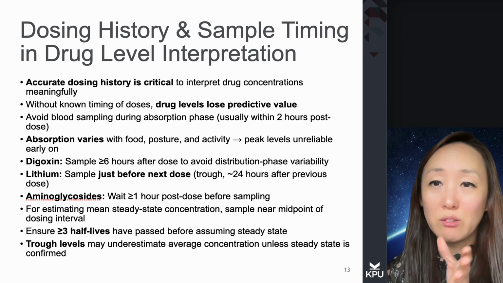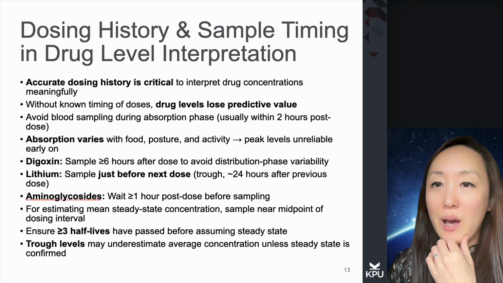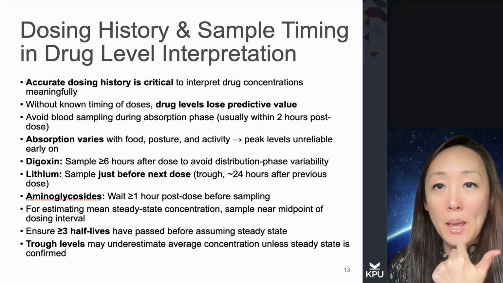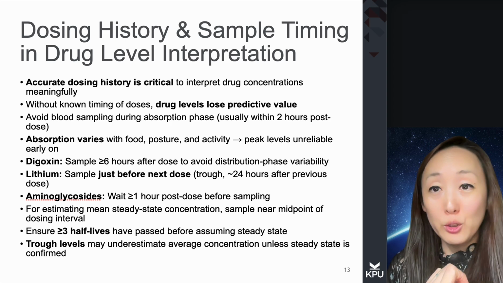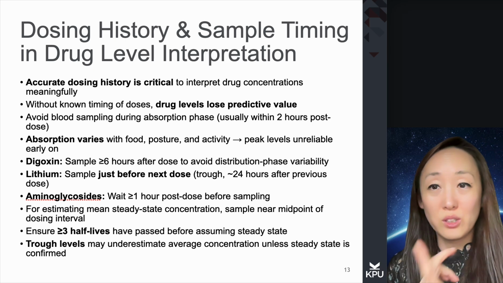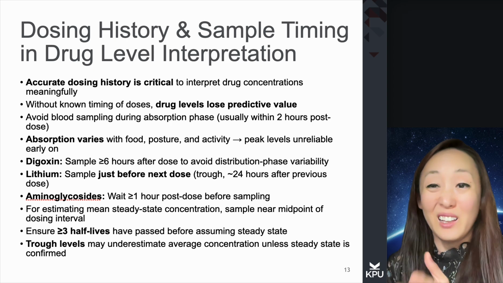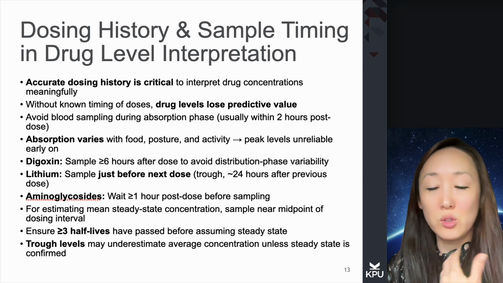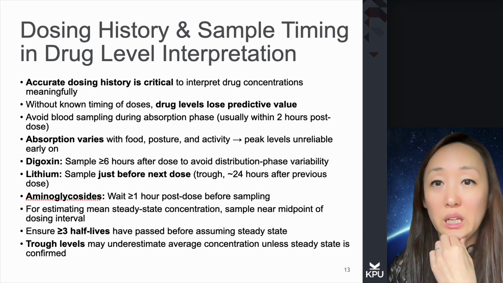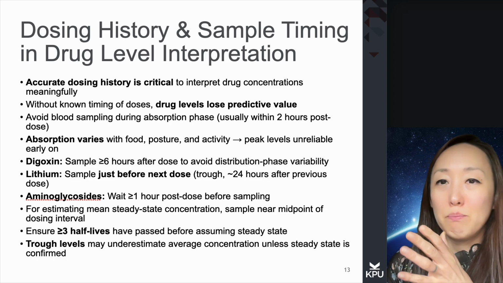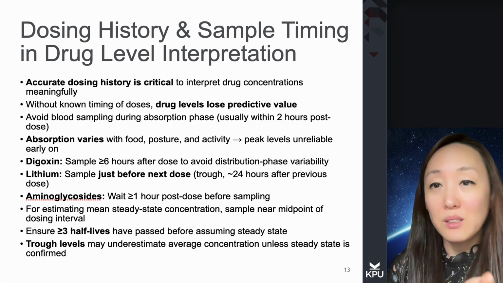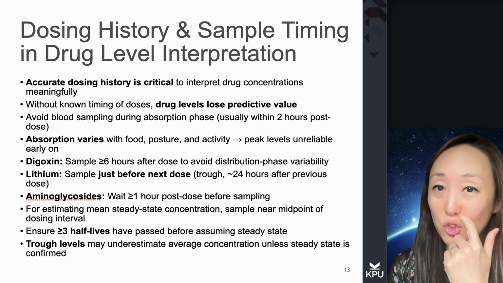Absorption generally completes in about a couple of hours after an oral dose, but it's affected by whether there was food in the stomach at the same time, what the posture was, were you lying down or standing up, and activity too, which can dial up or down your overall metabolic rate in the body. So measuring a peak too early can mislead the clinicians, leading to incorrect dose changes.